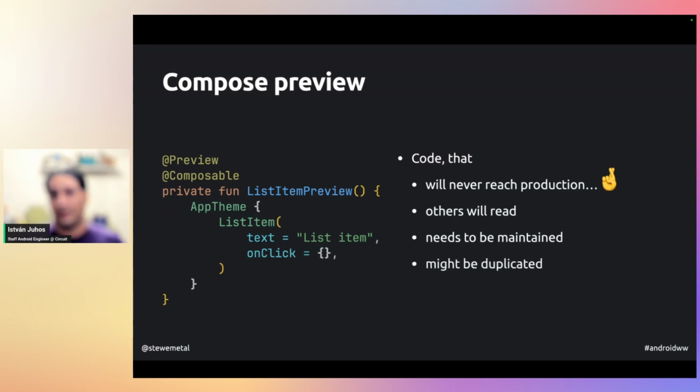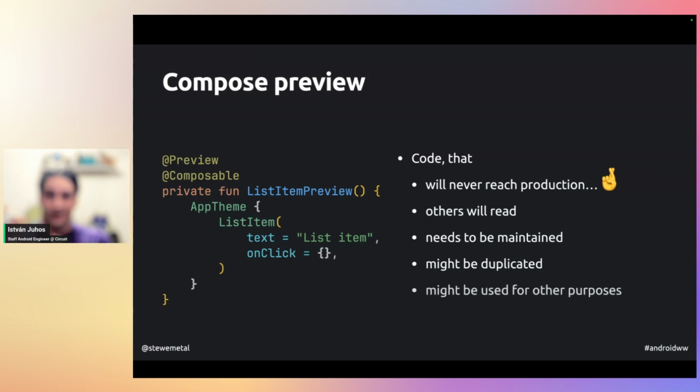Also, this code might be duplicated. If you've done some fancy things in your previews and came up with some really neat solutions, then those code parts might be duplicated inside a larger code base. Someone thinks, well, that's a cool idea, let's copy it over there. And if it turns out it's not that cool of an idea, that might get you into some trouble, or not, of course.